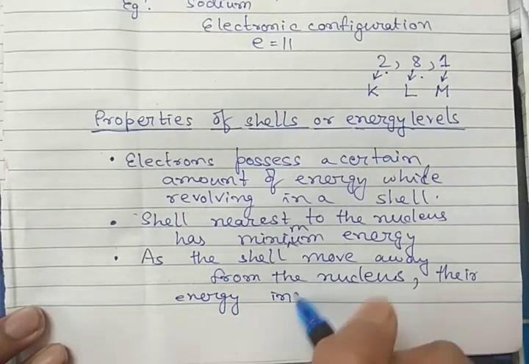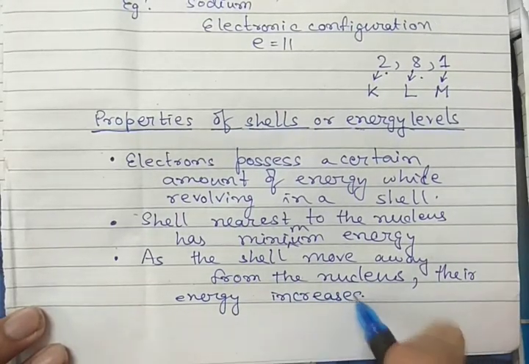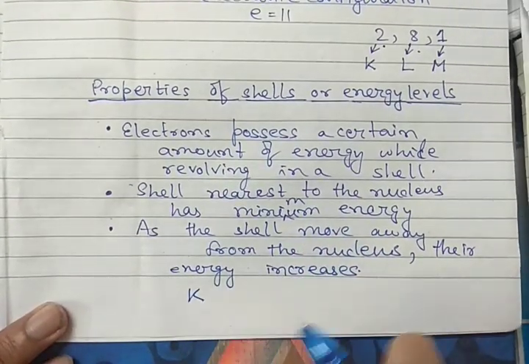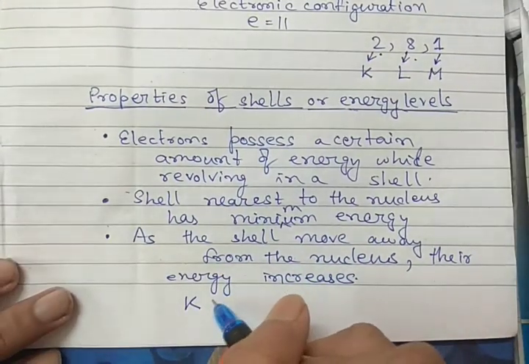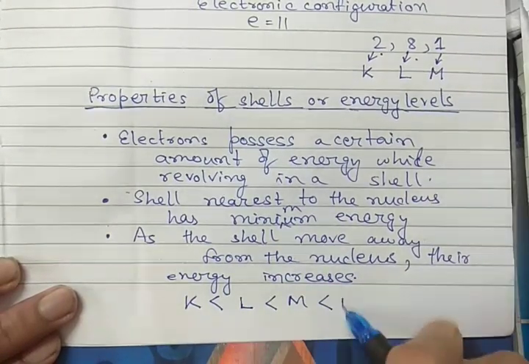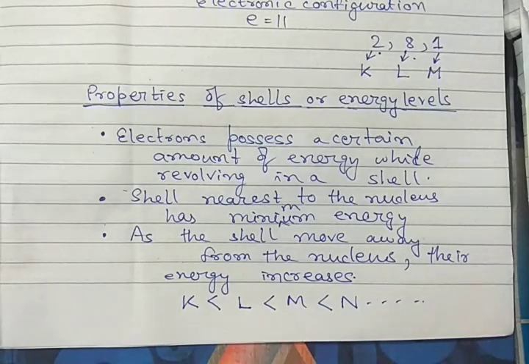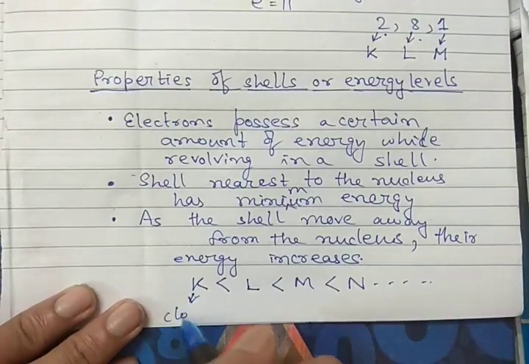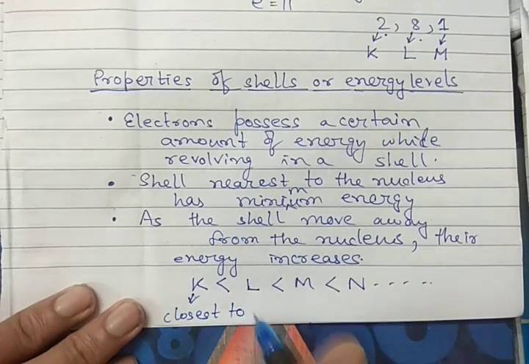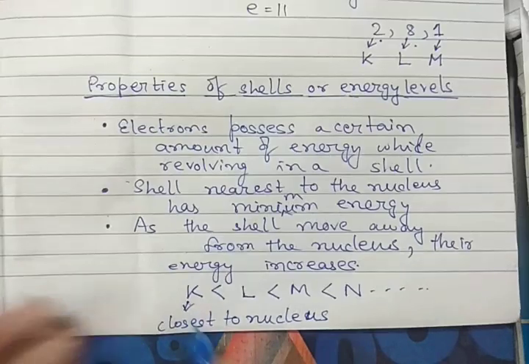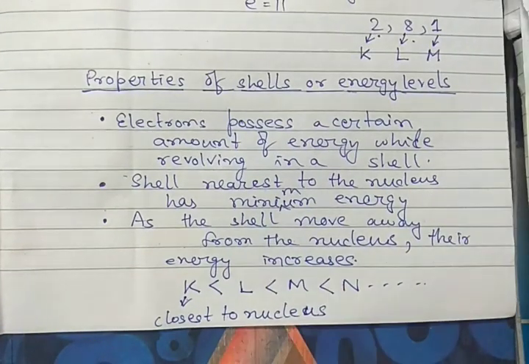Is it clear? Their energy increases. That means K shell has the lowest energy, L shell has more energy, M shell has more energy, N shell, and so on. Okay, that means K shell is closest to the nucleus. So all electrons which are in the K shell are moving with minimum energy, okay?